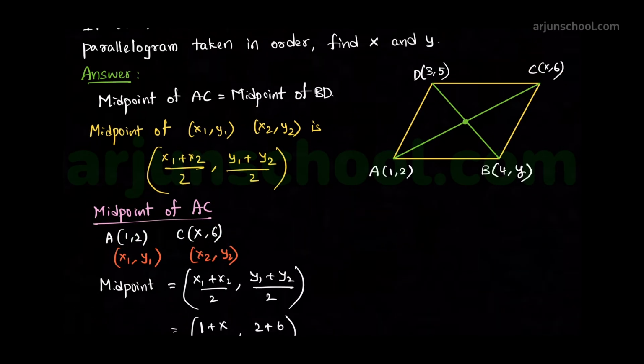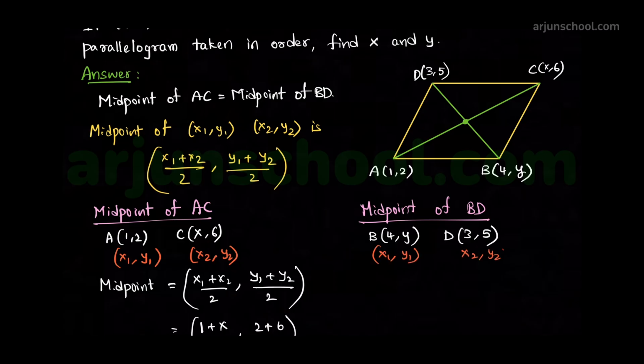Now let us find the midpoint of diagonal BD. Coordinates of B and D are (4, y) and (3, 5), which means (x1, y1) is (4, y) and (x2, y2) is (3, 5).